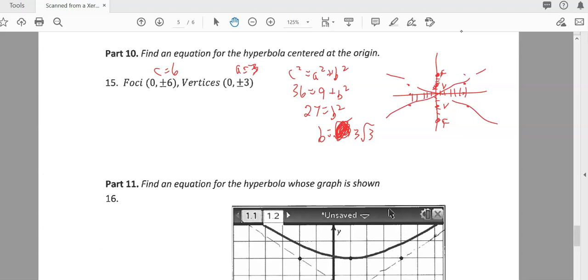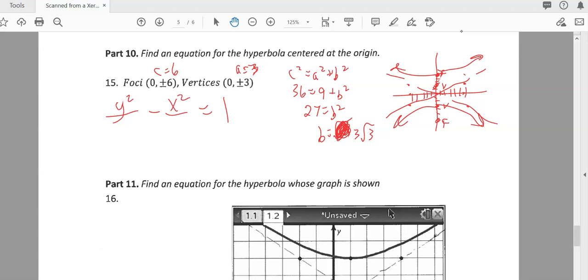Draw your dotted lines, graph it. We don't have to do all that, by the way. So we know it's definitely vertical. If you look at those focus points, they're vertical from each other. So the y term is first. So y squared minus x squared.